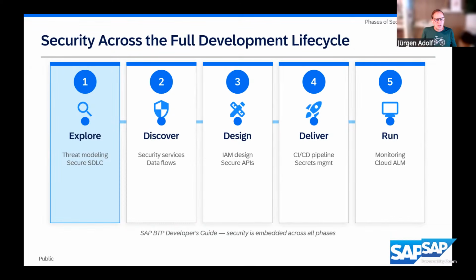And in deliver, you automate secure deployments through the CI/CD pipeline and protect secrets, for example, with the credential store. And in run and scale, you monitor, patch, and harden continuously while your app is running. So let's now go through each phase in detail and have a look at what it means for your development.